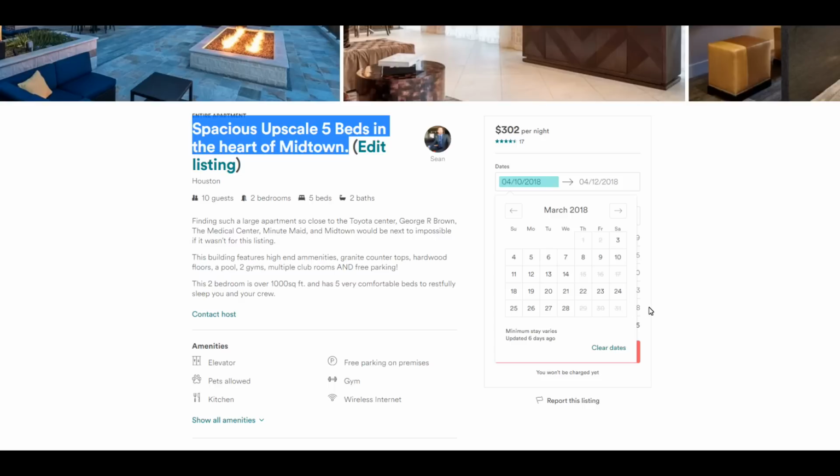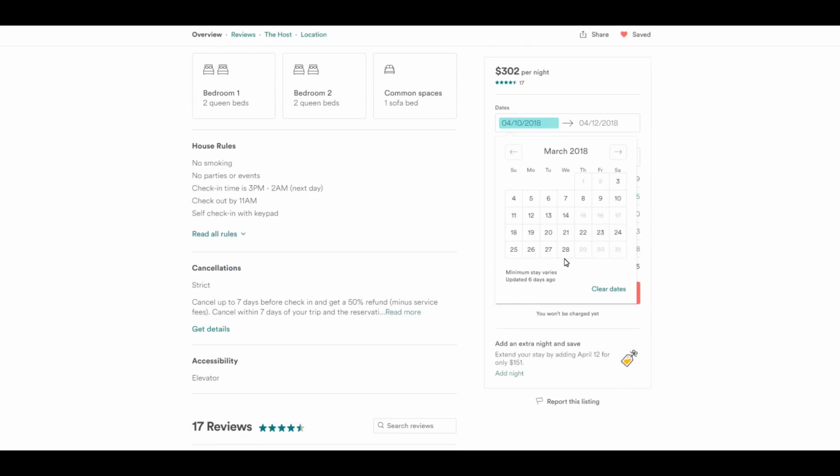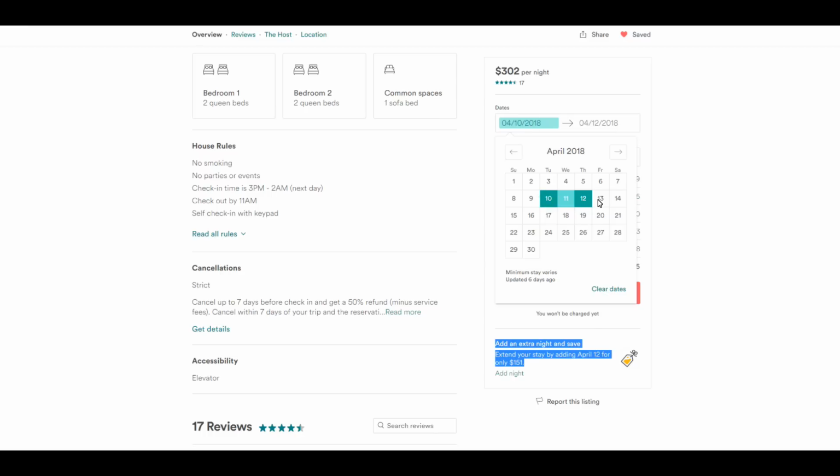So now I've got to actually drop my rates for these middle ones here. And then look at this, add an extra night and save. Extend your stay at April 12th for only 151. So what it's basically saying is you get a 3-day discount and it drops to 252. Wow, that's insane. Look, Airbnb is totally gaming you guys.